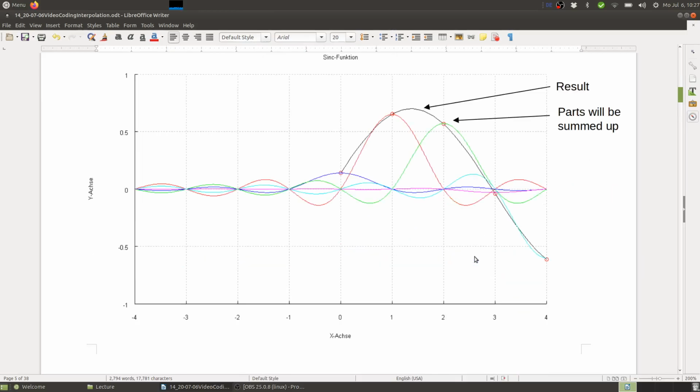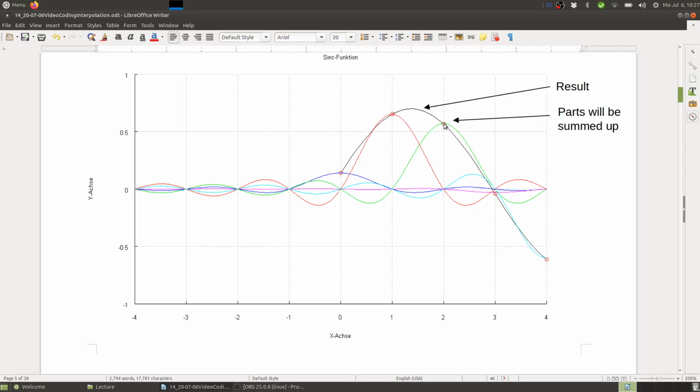And here you can see an example how this works. Here we have a sequence starting at 0 in this example, and the original sample points are the red circles here. And each red circle gets its own sinc function in a different color. Here you can see the first one, which has this kind of violet color. Then the next one here is this red sinc function, where you can see it's centered around x value 1, and has the value of the original pixel.